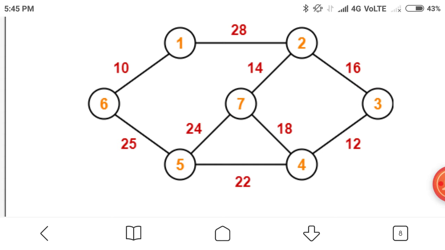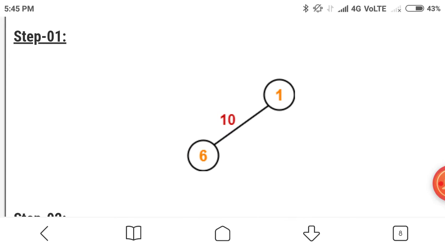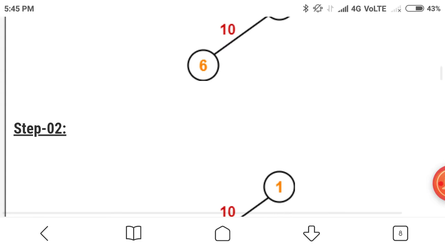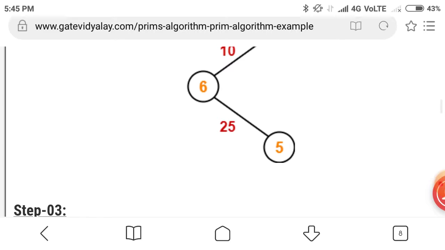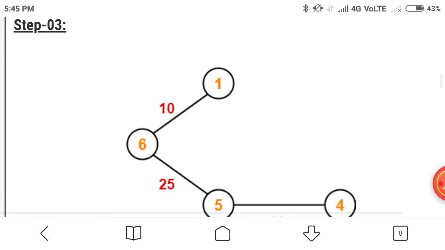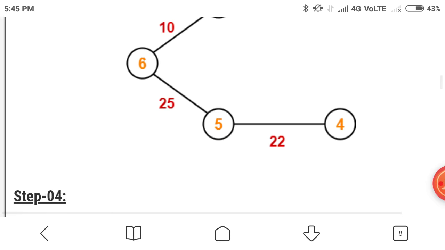Now I am showing you one by one the steps discussed above. In the first step, 1 to 6 is selected, that is 10. Then 6 to 5 is selected. Then in step 3, 5 to 4 is selected, with weight 22.